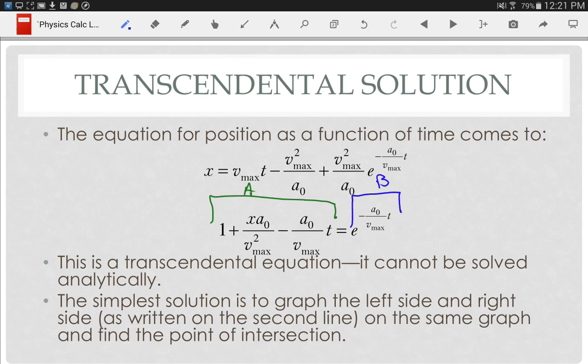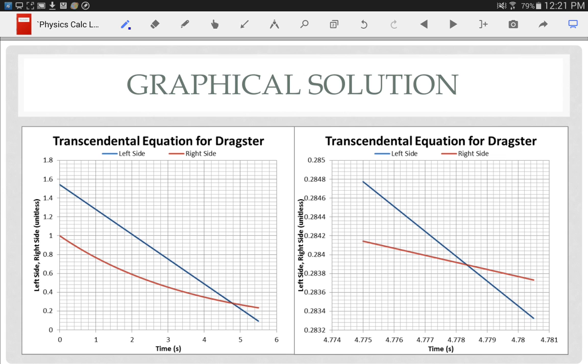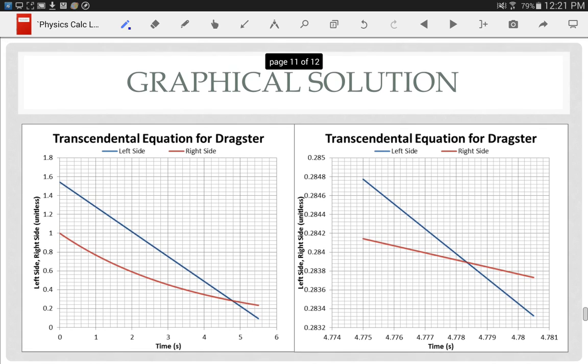B is equal to this, and I plot A and B versus time on the same graph. And so here we have the left side of the equation in blue, that's the linear part. The right side of the equation, the exponential, is in red, and you can see that they cross right here.